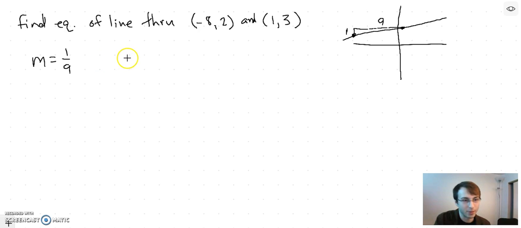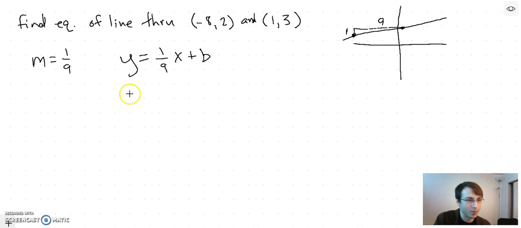We've got the slope and we're solving for the y-intercept. So y equals 1/9 x plus b. Let's plug in a point. We could plug in any point, either of these. I'd probably prefer to plug in that one because it's smaller numbers and no negative shenanigans going on here.